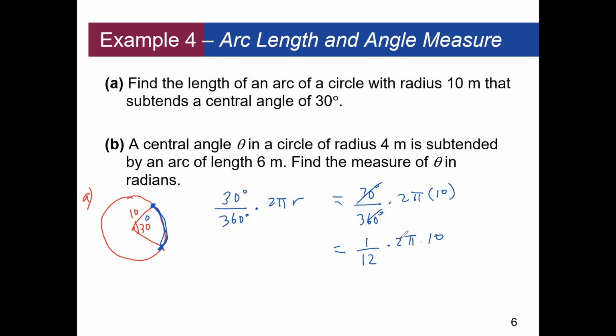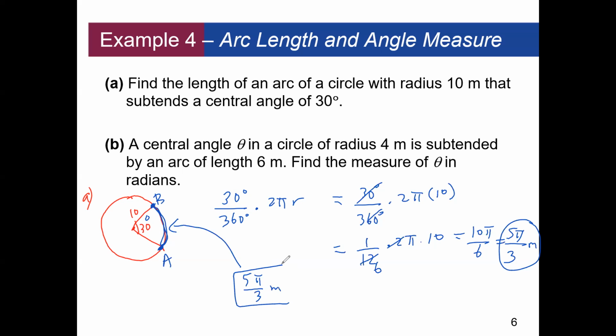I can also simplify this: this is 6, so 10 pi over 6, which is 5 pi over 3 meter. So the length of this arc right here, like I said, is the distance from point A to point B. The length of arc is 5 pi over 3 meter. It's not an angle, it's just a length, a distance.